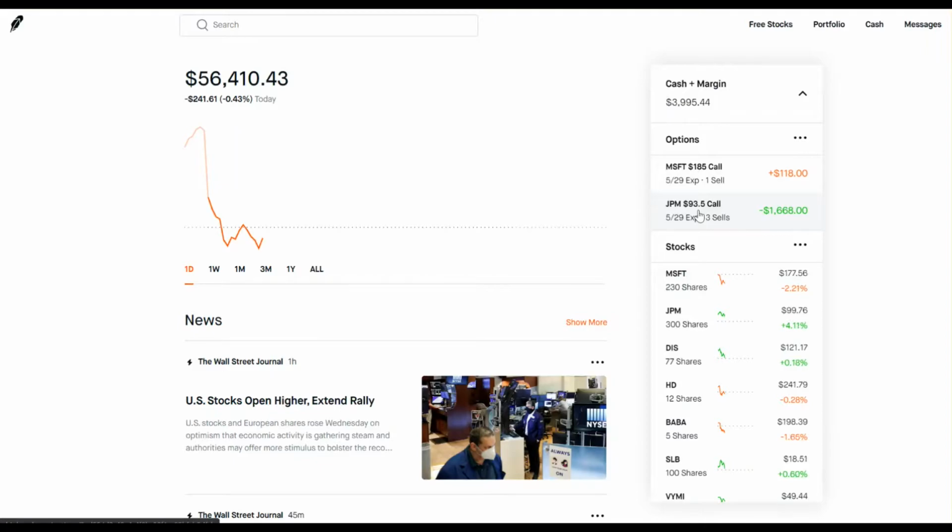And now I might not want to have this option exercised. Reason being, in this particular case for me, it's okay losing the stock. But hypothetically, let's think that I had bought this stock when it was like 50 or something.